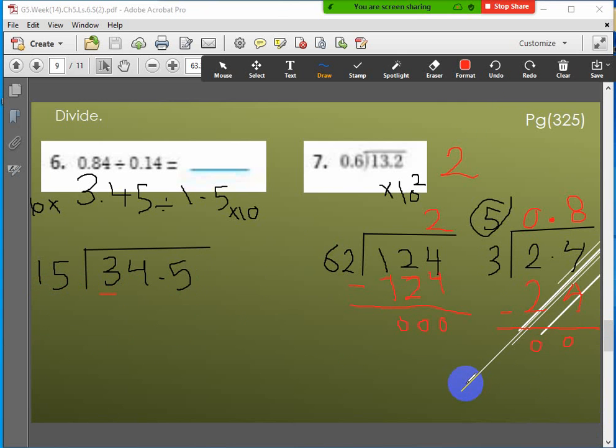Rinad, can I divide it 3 on 15? Yes. I have to take the 4, so it will be 34. 34 divided 15.